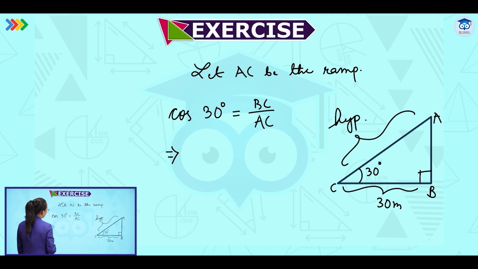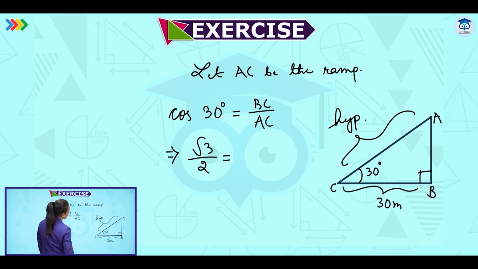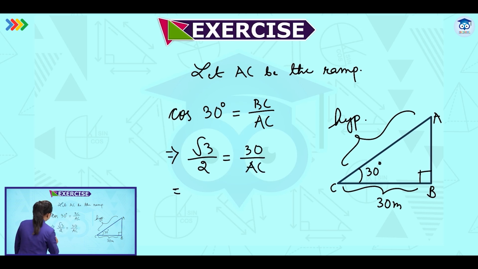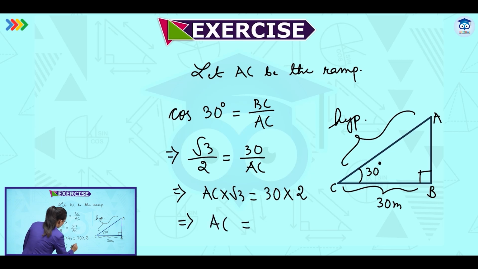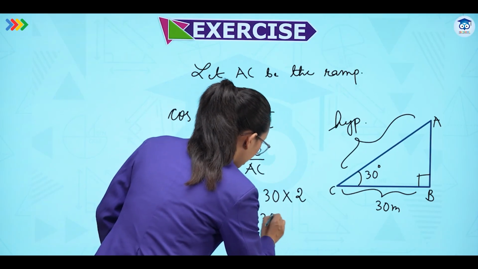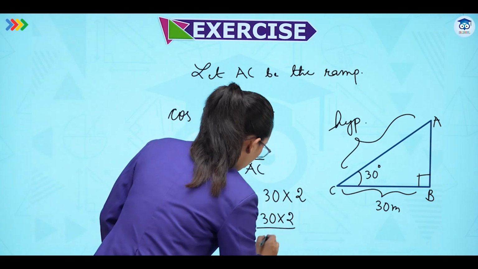So cos 30 value we all know it's root 3 by 2, and BC value is 30 and that is AC. So this is what? AC into root 3, that is 30 into 2. Now this AC we want, so it is 30 into 2 upon root 3.